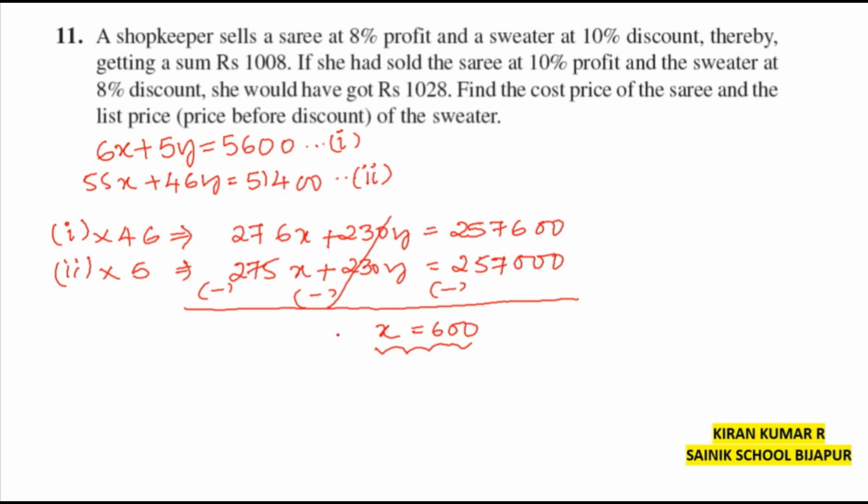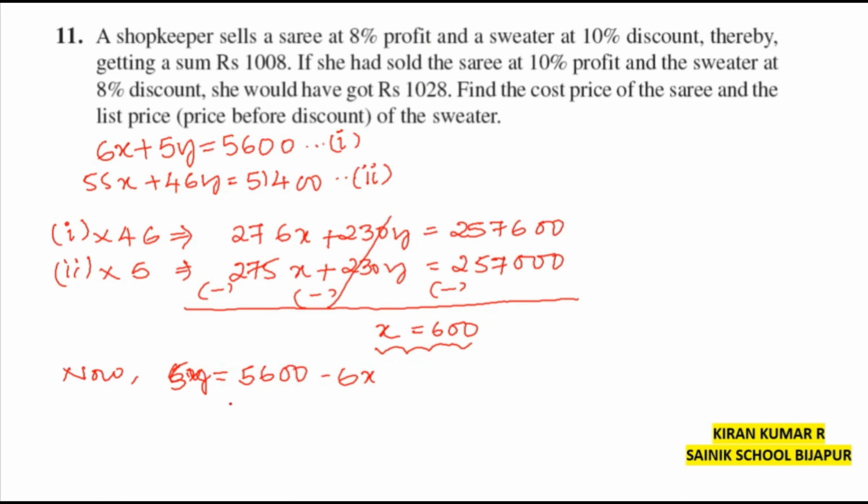Now let us find the value of y. For that, I'll consider the first equation. 6x plus 5y equal to 5600, so 5y will be equal to 5600 minus 6x.